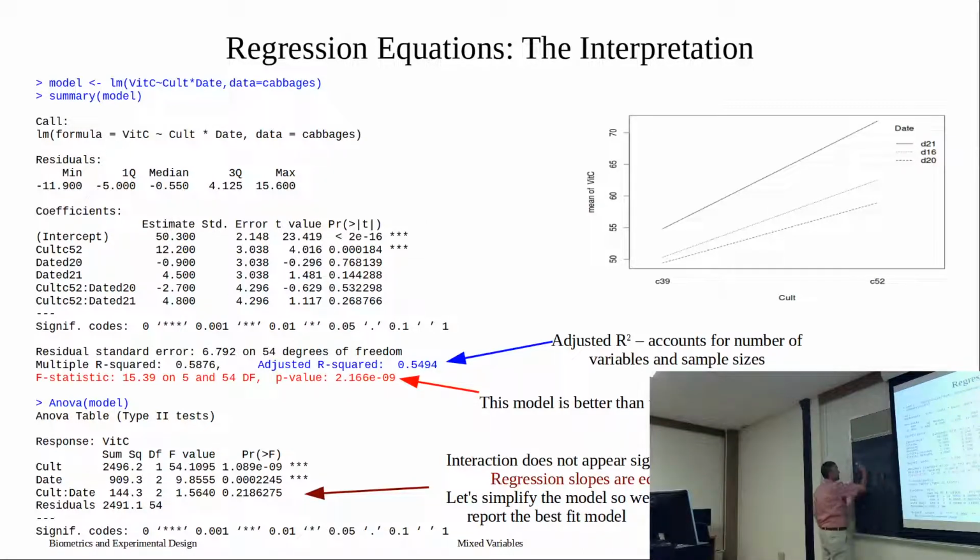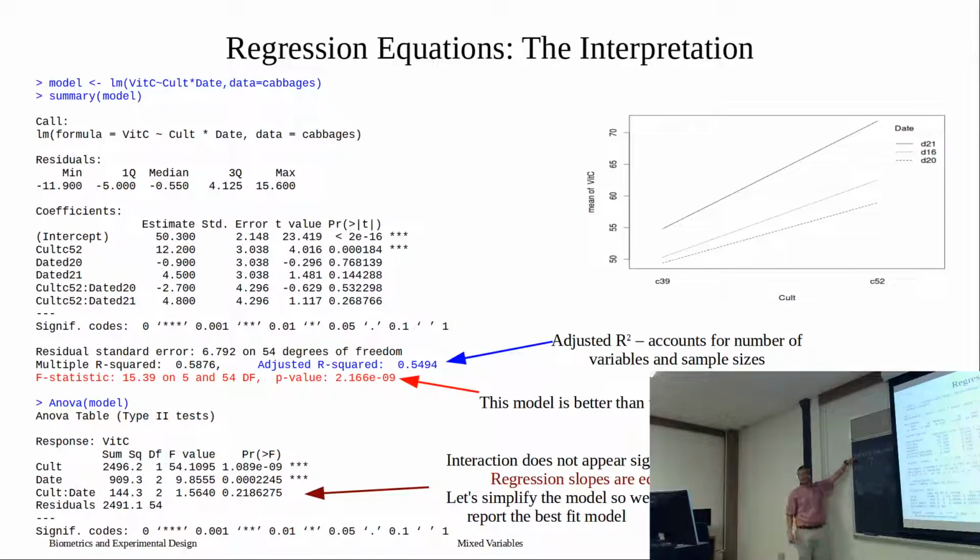So we have our full model. We've got our cult, date, and cult and date interaction. That's our full model. It's comparing to our null model.